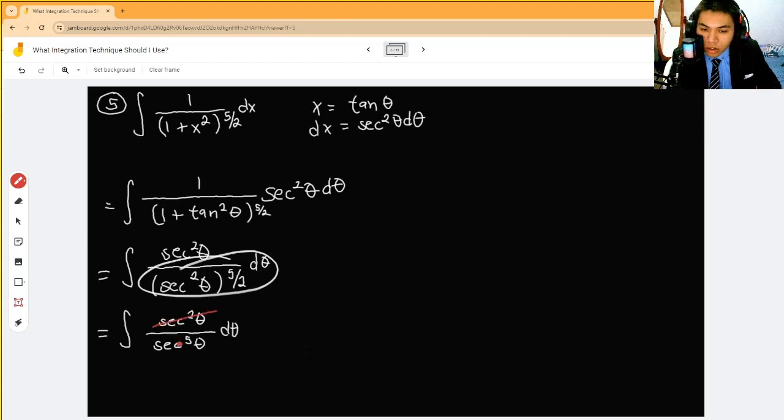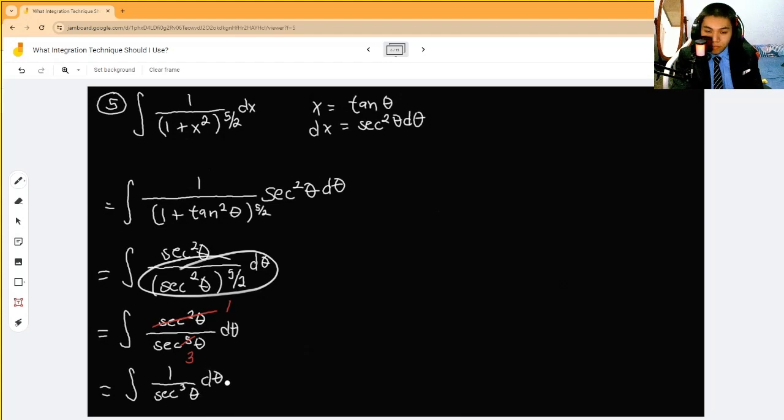So this cancels, this becomes 3, and this becomes 1, right? Since we're dividing by the power, and when we are dividing exponents, we subtract them. Okay, and now we have the integral of 1 over secant cube theta d theta.